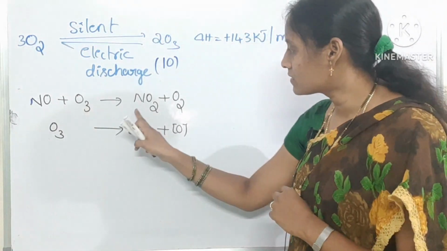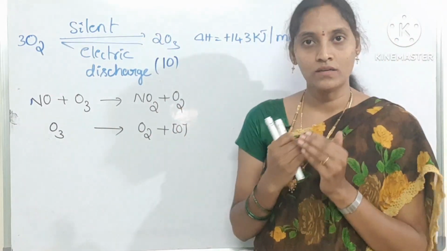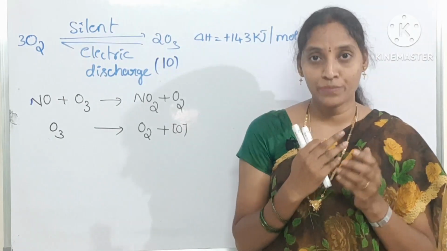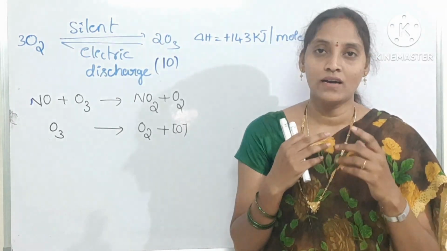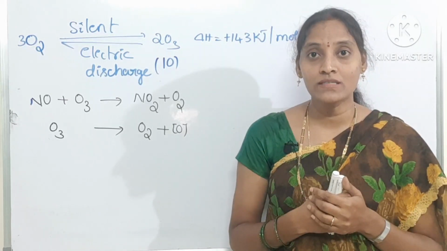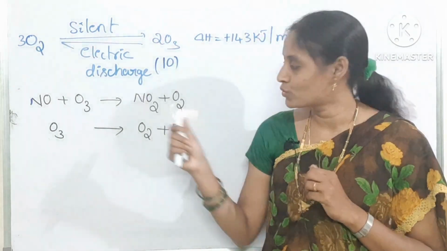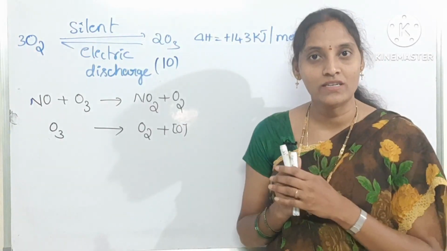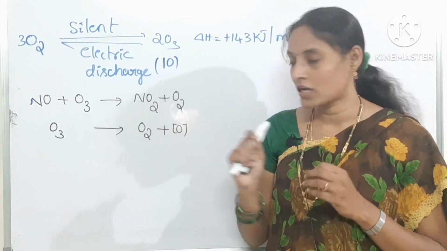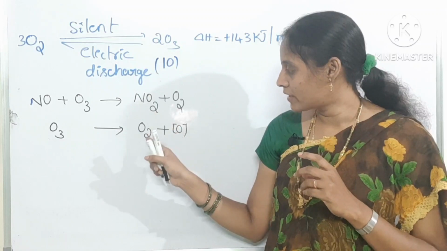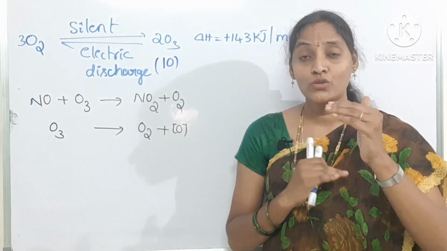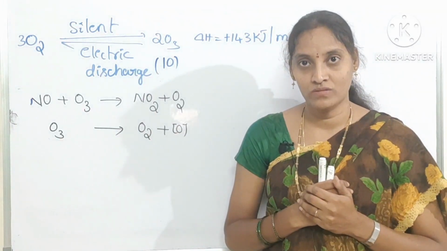Supersonic jet planes release pollutants, especially nitric oxide, which reacts with ozone to give nitrogen dioxide and oxygen. These also deplete the ozone layer.